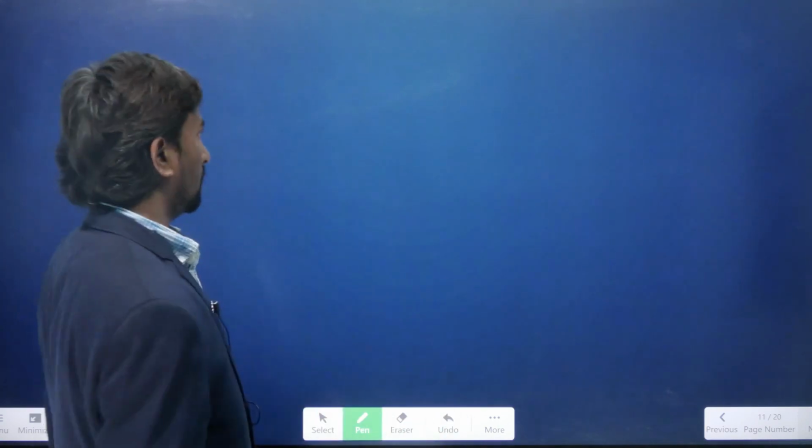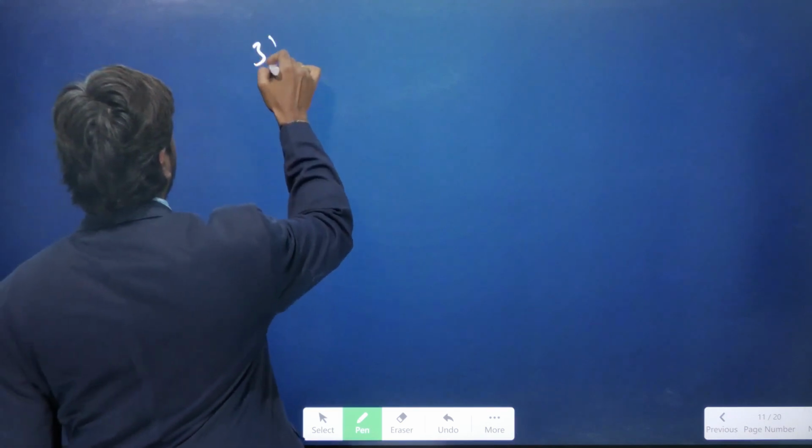And next, suppose a body travels the first 1/3 of the distance with speed V1, the next 1/3 of the distance with speed V2, and the remaining distance with speed V3. Then what is the average speed? That is the third case we'll see here.